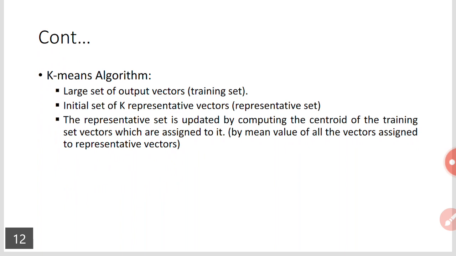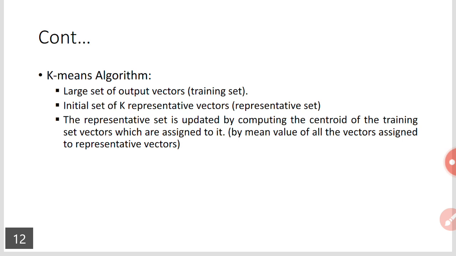This is the K-means algorithm. We have a large set of vectors, which is called the training set. From that training set, an initial set of k vectors is selected, which is the representative set.